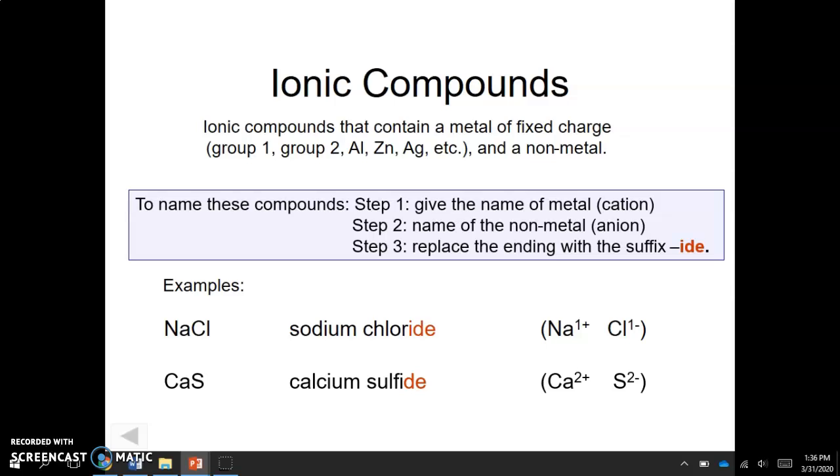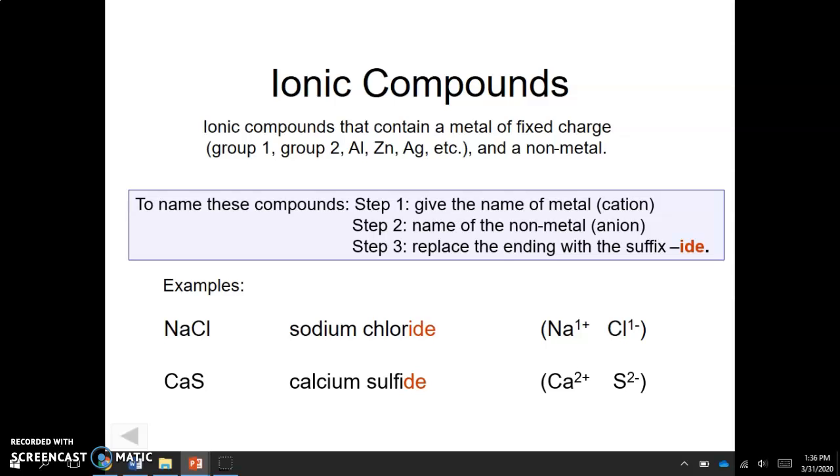Just a couple more examples. We did sodium chloride, but next we have Ca and S. Step 1, we give the name of the metal, which is going to donate its electron, and that's calcium. Then we find the nonmetal it is attached to, which is going to take on the electrons, and that's sulfur.